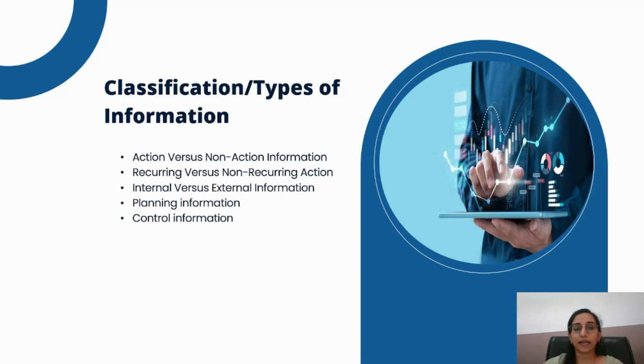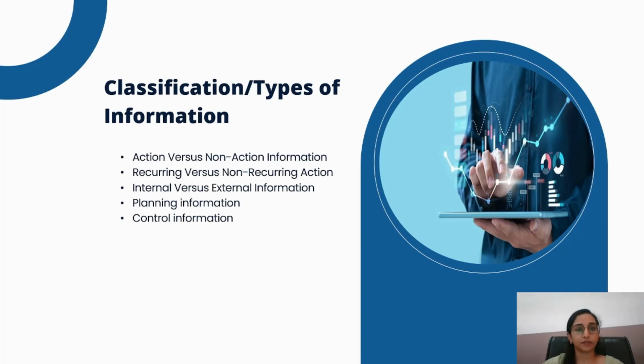The timing and accuracy of the action information are usually important. The mix of the internal and external information changes depending on the level of the management decisions. At the top level of management, the stress is more on the external information, and at the operational and the middle level, the stress is more on internal information.